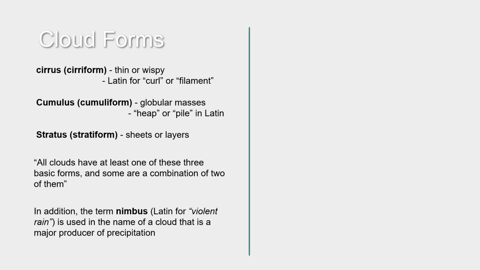In addition to these terms, there is the term nimbus. It's from the Latin for violent rain. It is used in the name of a cloud that is a major producer of precipitation. For example, aside from the stratocumulus, which is a combination of two of these forms, we also have the nimbostratus.